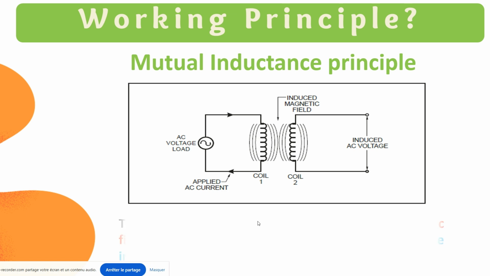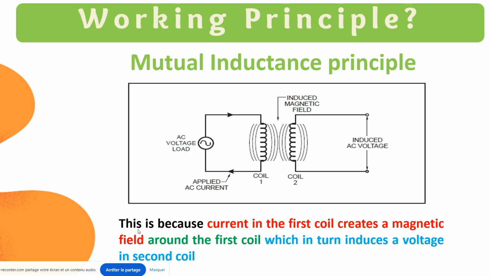Good. So, a detailed explanation. This is because current in the first coil creates a magnetic field around the first coil, which in turn induces a voltage in the second coil.